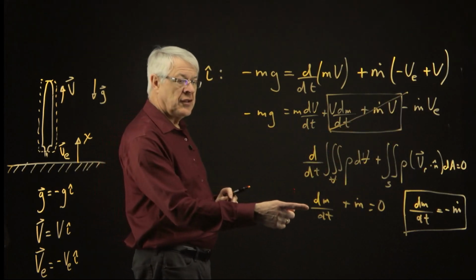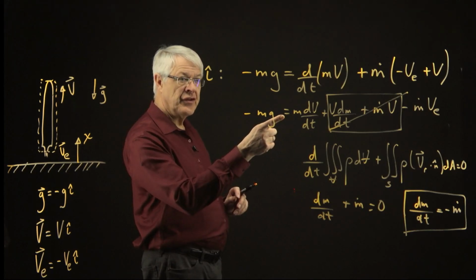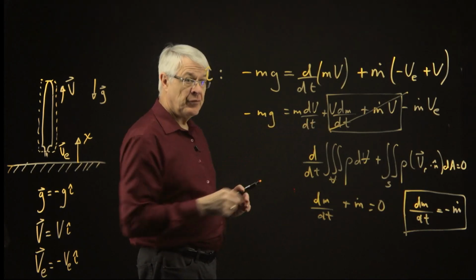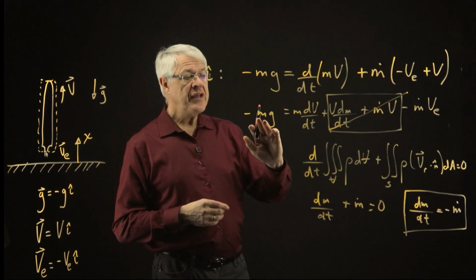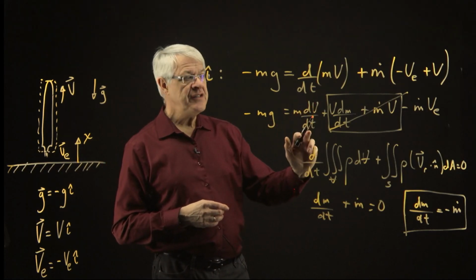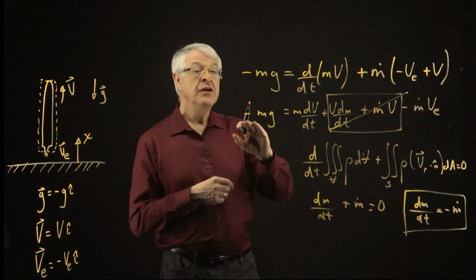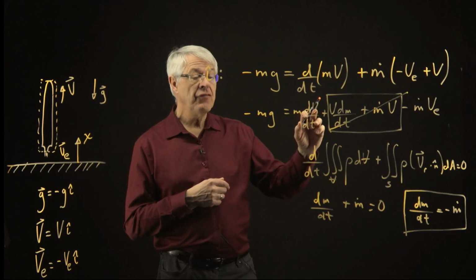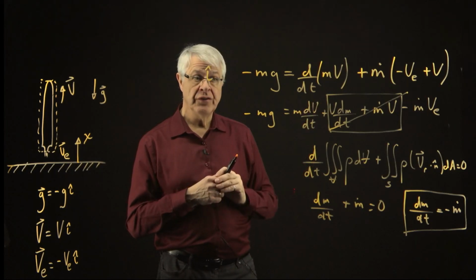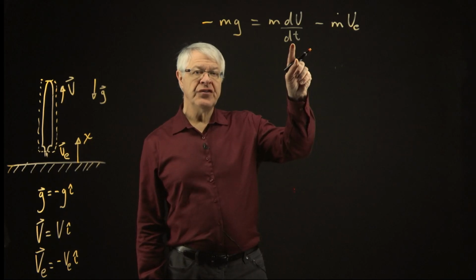So including conservation of mass and combining it with conservation of linear momentum, we greatly simplify our conservation of linear momentum equation. So we just have the weight, m dv/dt, and then minus m dot ve remaining. So we're going to clean up this equation, continue to work with it, and solve for the velocity when the fuel burns out.